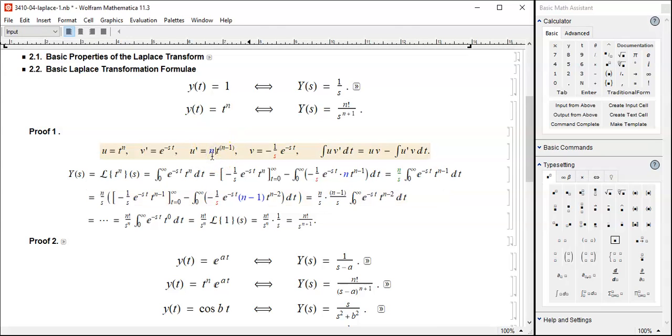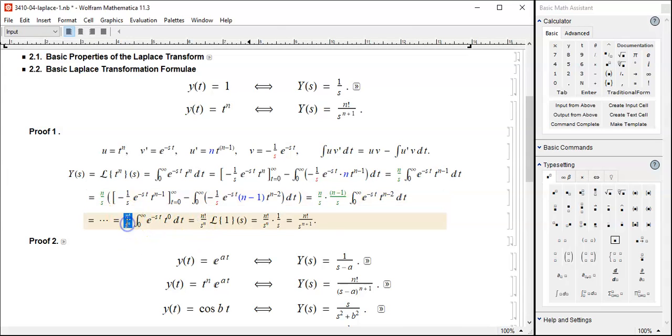So what we have, n over s was there before. Fresh new n minus 1 over s. And then we have the Laplace transform of t to the n minus second power. Repeat, repeat, repeat. What do we get?